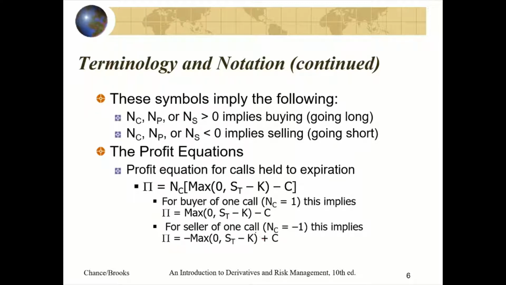Why? Because the seller is going to pay the payoff and receive the premium. So since he is paying the payoff, it will have a negative value, and since he is receiving the premium, it will have a positive value.